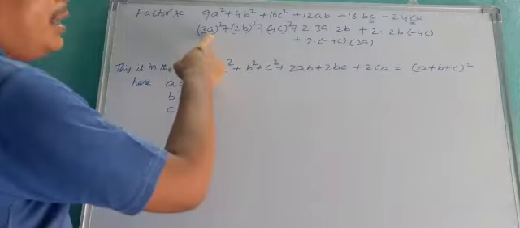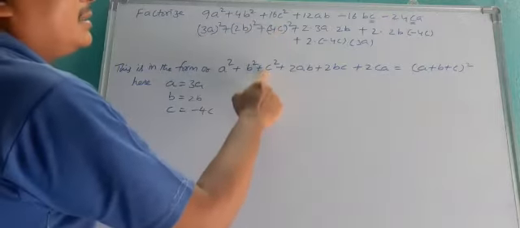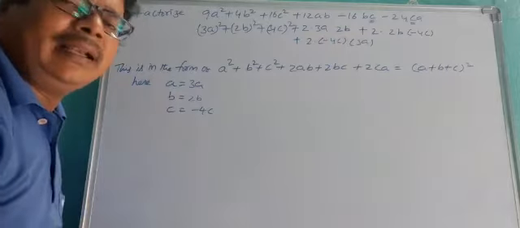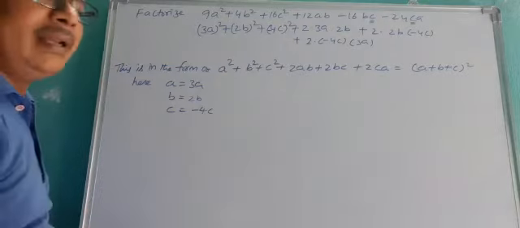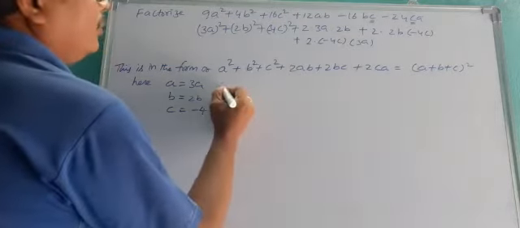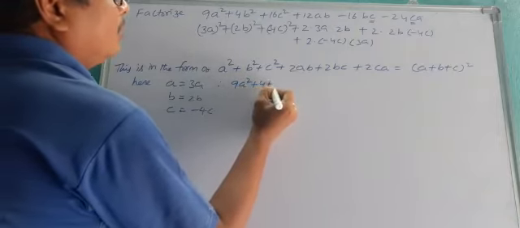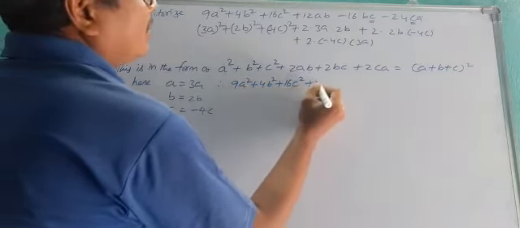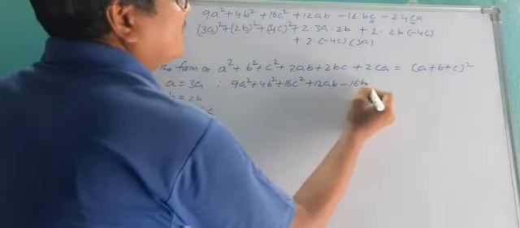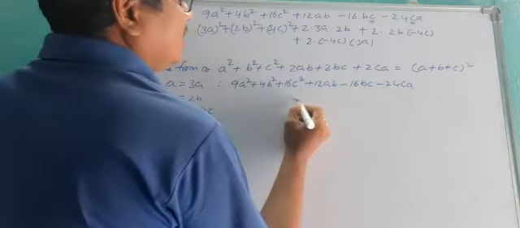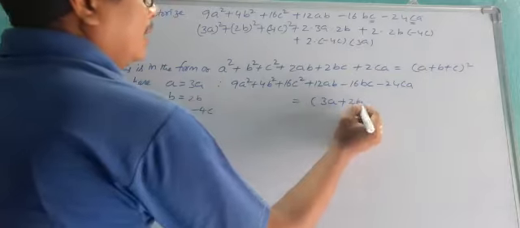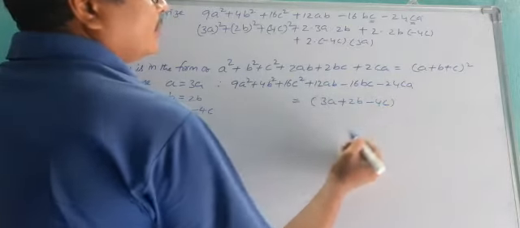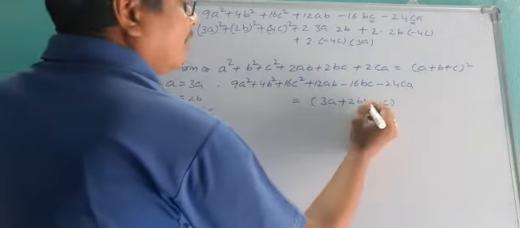Now this is in the form of a square plus b square plus c square plus 2ab plus 2bc plus 2ca. So here a equals 3a, b equals 2b and c equals minus 4c. Substitute it. Therefore 9a square plus 4b square plus 16c square plus 12ab minus 16bc minus 24ca is equal to (3a plus 2b minus 4c) whole square.